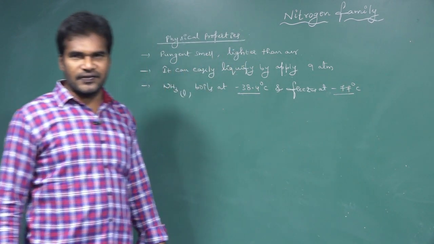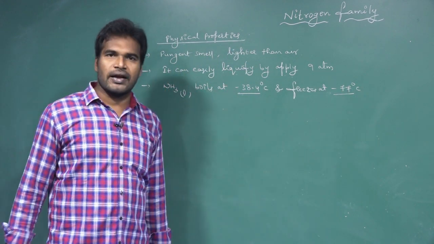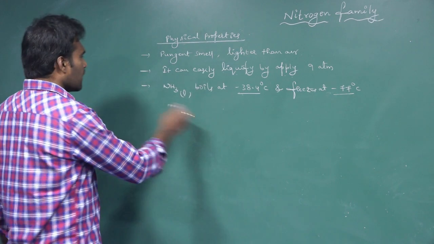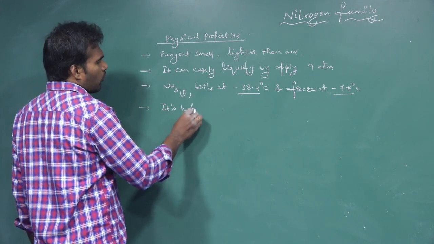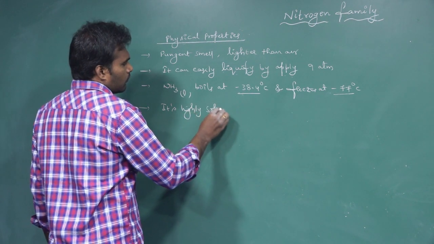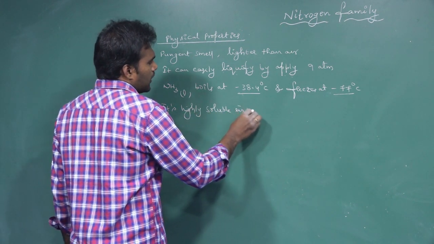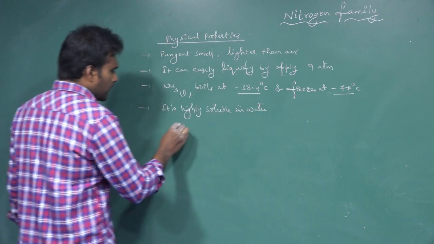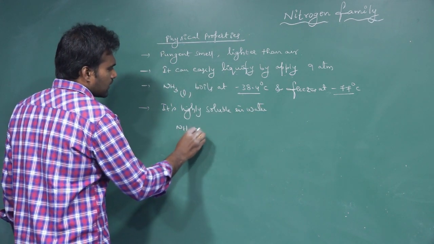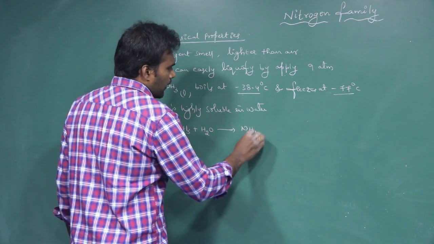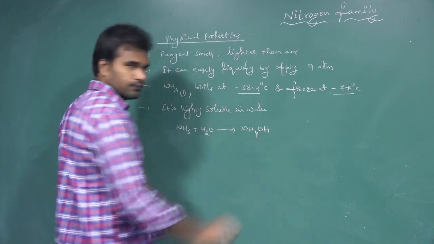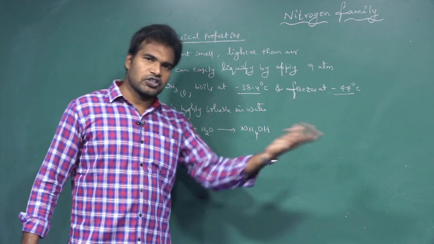Freezing point is minus 77 and boiling point is minus 38.4. Coming to the solubility, it is highly soluble in water. When you send ammonia gas into water, we will get NH4OH or NH4 plus and OH minus ions.